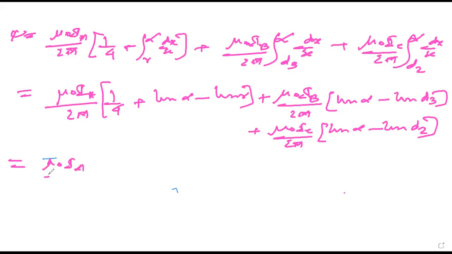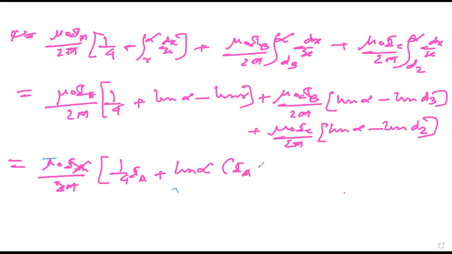So this will be mu naught by 2 pi, times 1 by 4 IA plus, here you see we are taking common ln infinity. So what will happen?